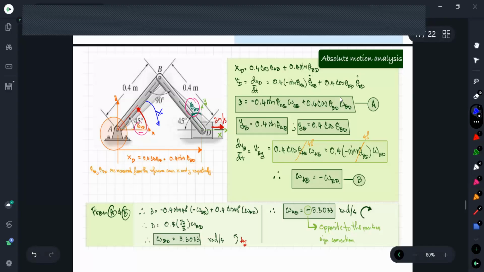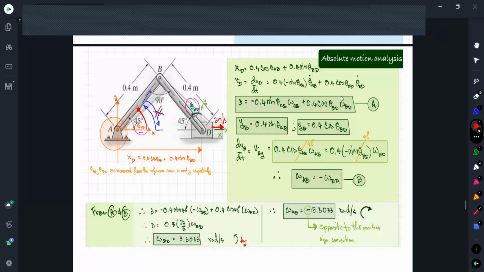This is not correct, because normally when we measure the rotation, we have to measure from the fixed or reference axis. For this case, theta AB is measured from X, so counterclockwise is positive. We will not measure from the line that has motion back to the reference. This is not correct, and students are always confused by that.